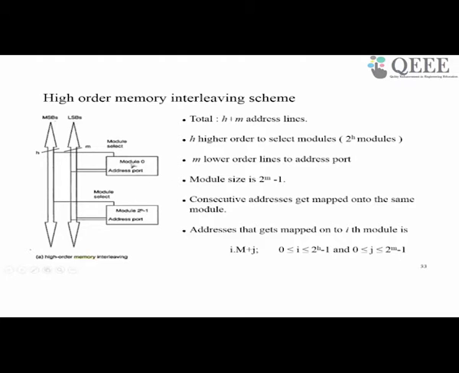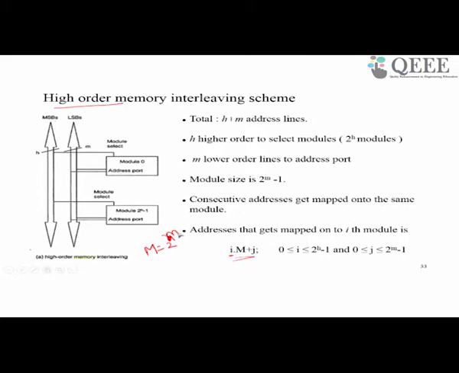So this is how addresses get mapped onto different modules in high order memory interleaving. If you look at the general address that gets mapped onto a given memory module, the ith memory module, its starting address will be i into M, where capital M is the size of the memory module, which is 2 power small m.